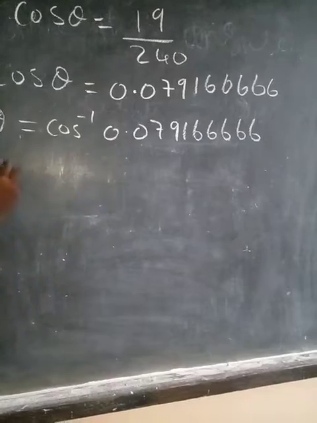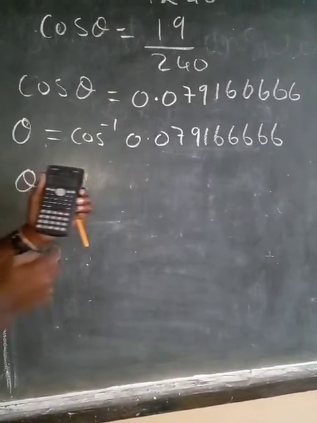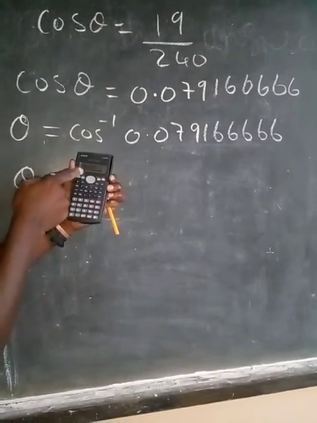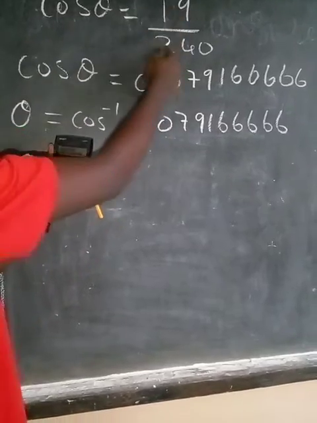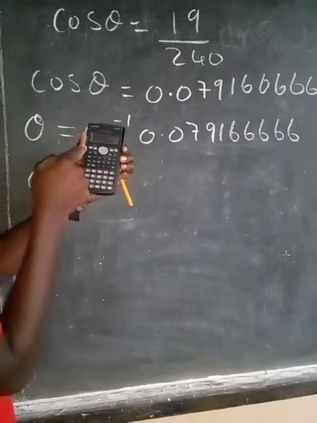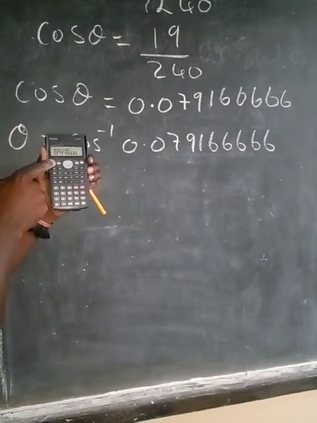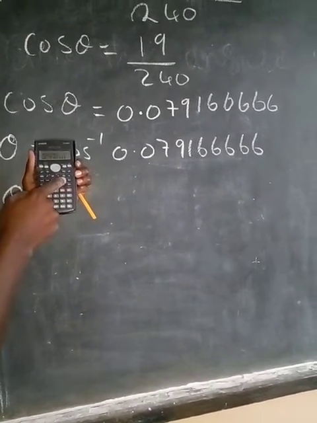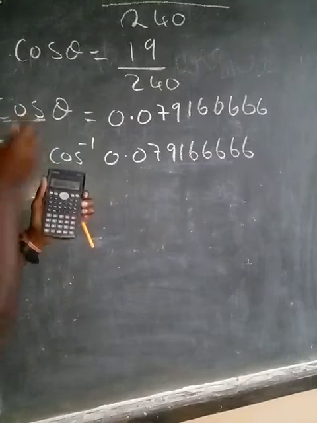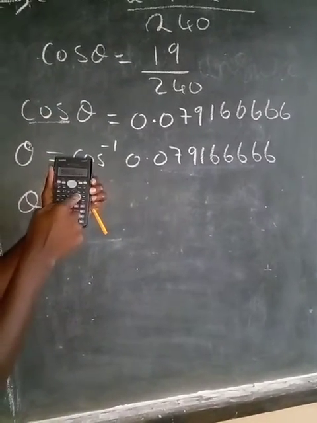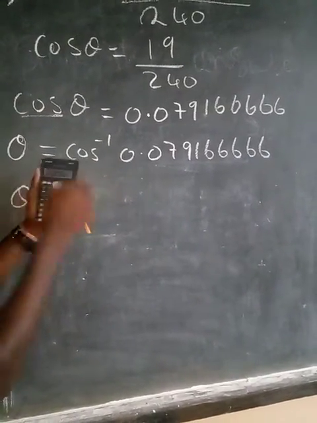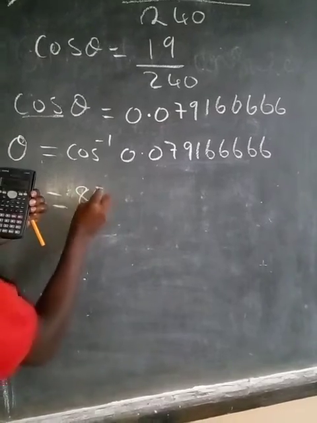This will give us the angle theta. So on your calculator, you click the answer, then on your Casio calculator you press shift, and then you press cos. So you just press cos and equal to, we are going to get your angle.